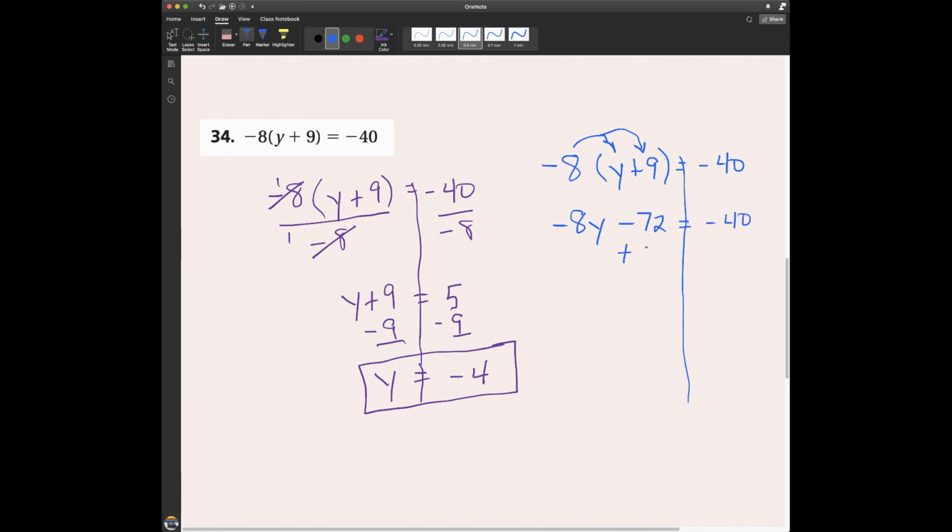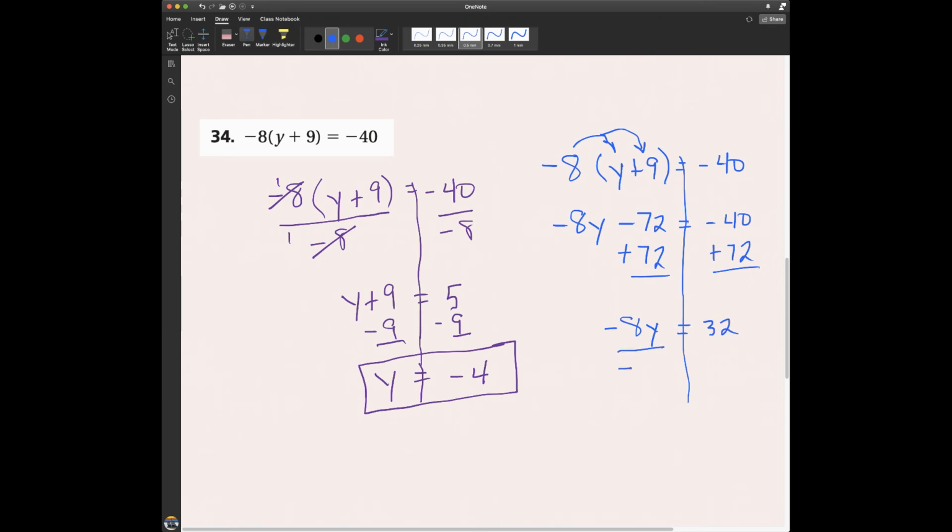And then I just add 72 to both sides using the addition property of equality. That leaves me with negative 8y equals 32.